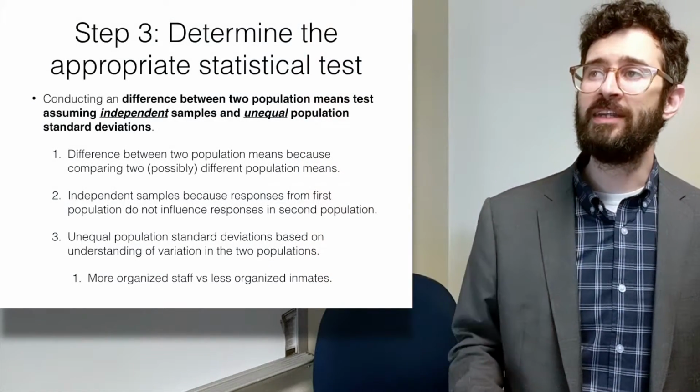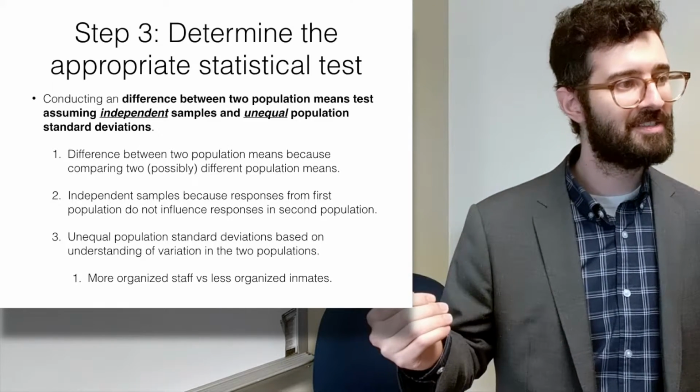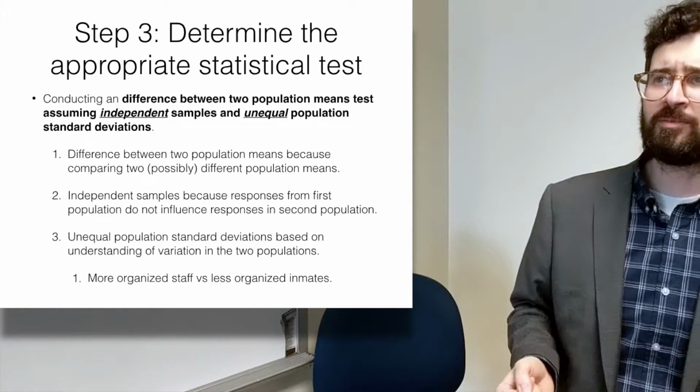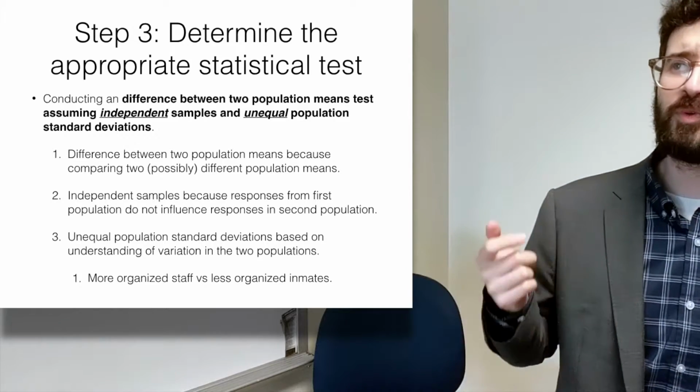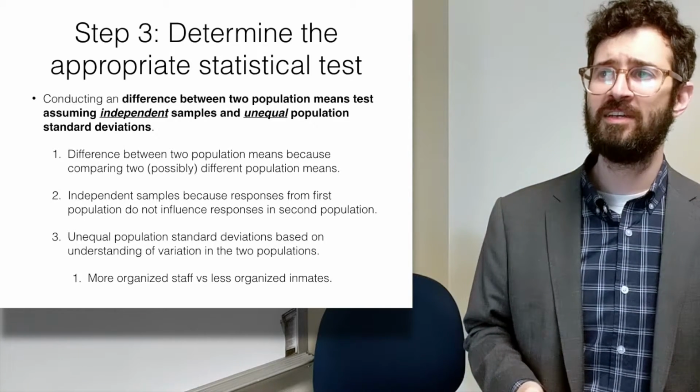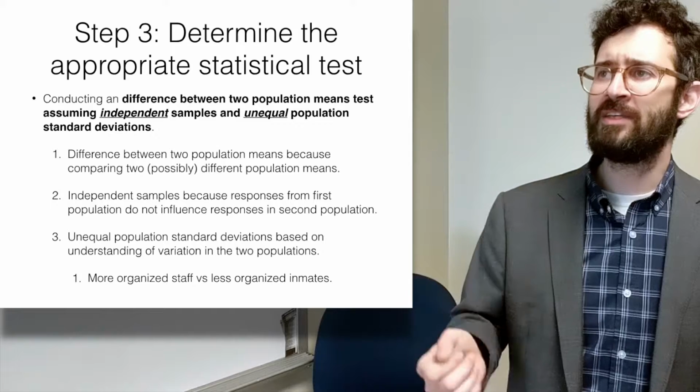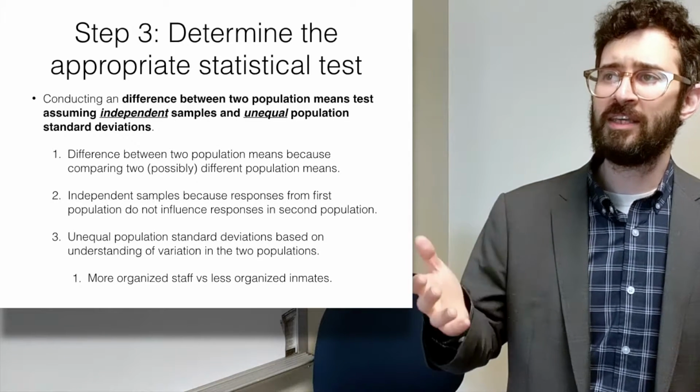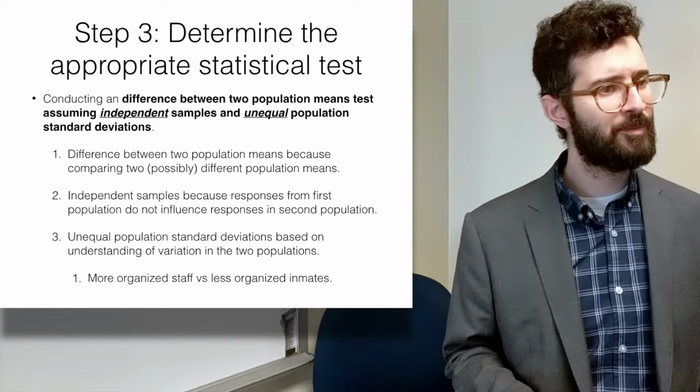Step 3, I now determine the appropriate statistical test. So here I claim that I'm conducting a difference between two population means test, assuming independent samples and unequal population standard deviations.